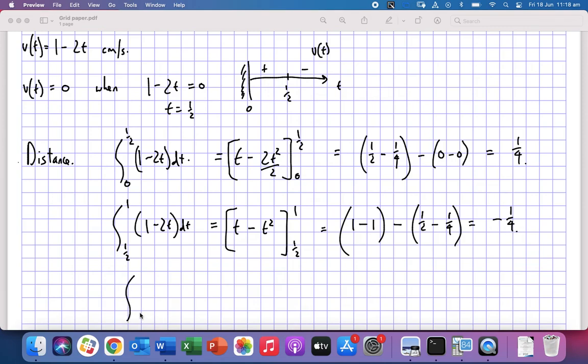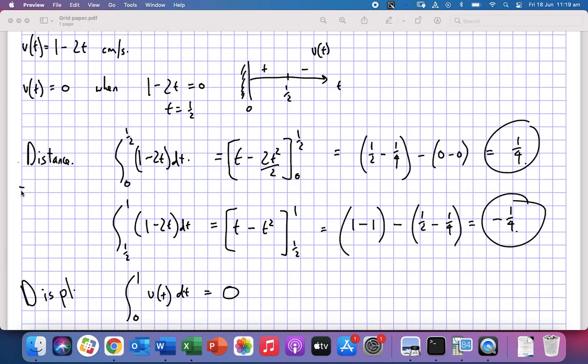As in, if I'm going from 0 to 1 of the velocity dt, I get 0. That's displacement. I'll just write that here, displacement. But distance is a quarter, and then I make that one positive, right? So I'll say the distance equals a quarter plus a quarter equals a half.